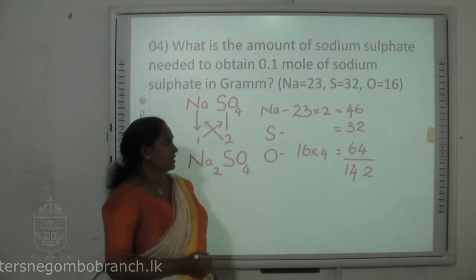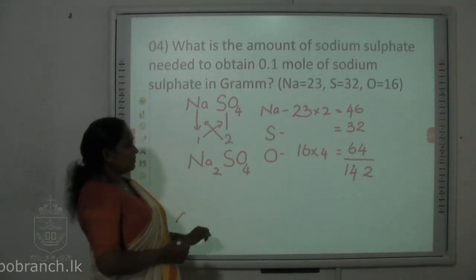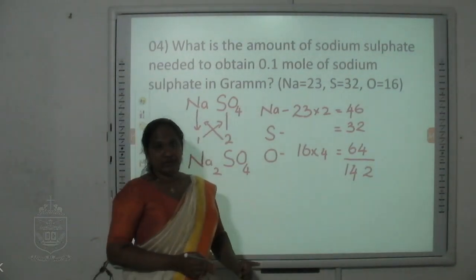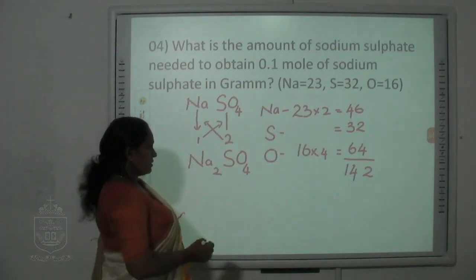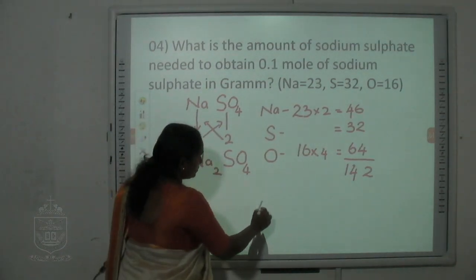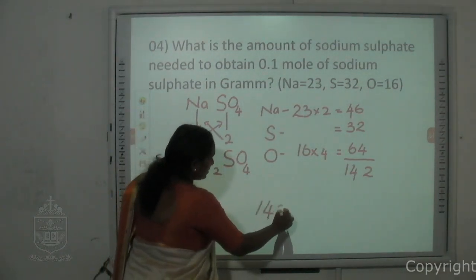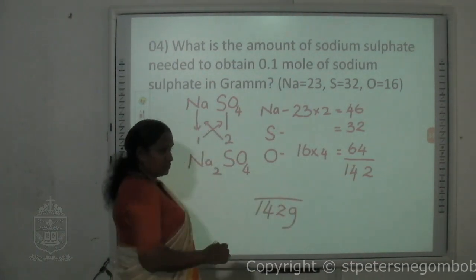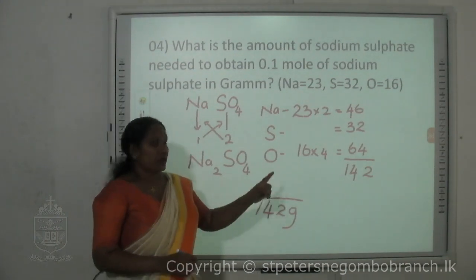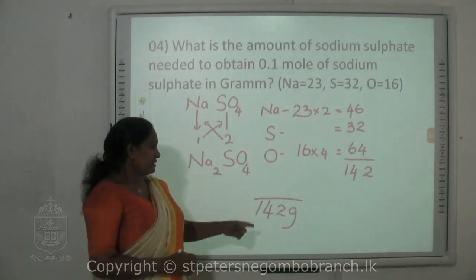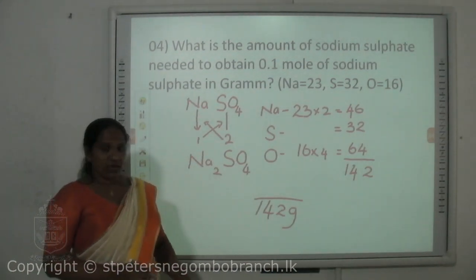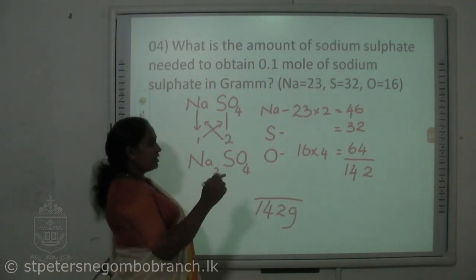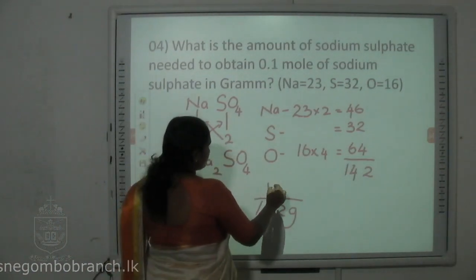1 mole of sodium sulfate. Right? 142 is the relative molecular mass. When we take 142 in grams, 1 mole is there. 142 means relative molecular mass. When it is taken in grams, 1 mole is there.